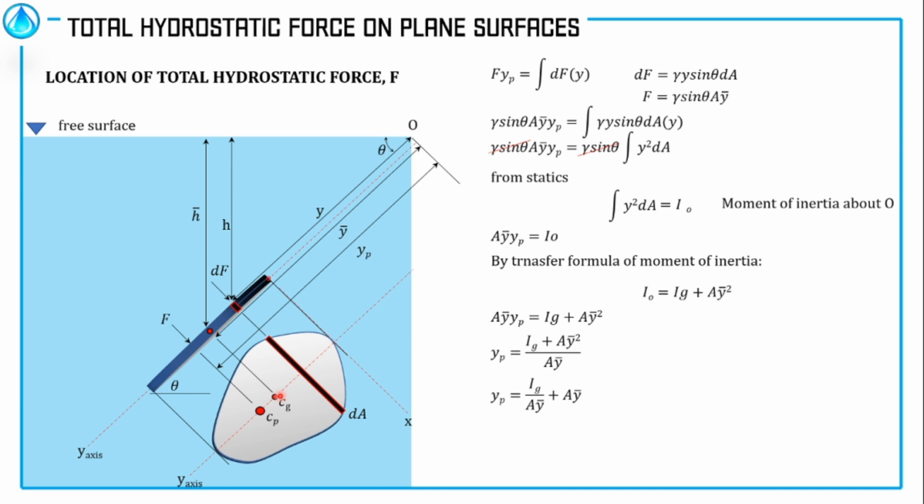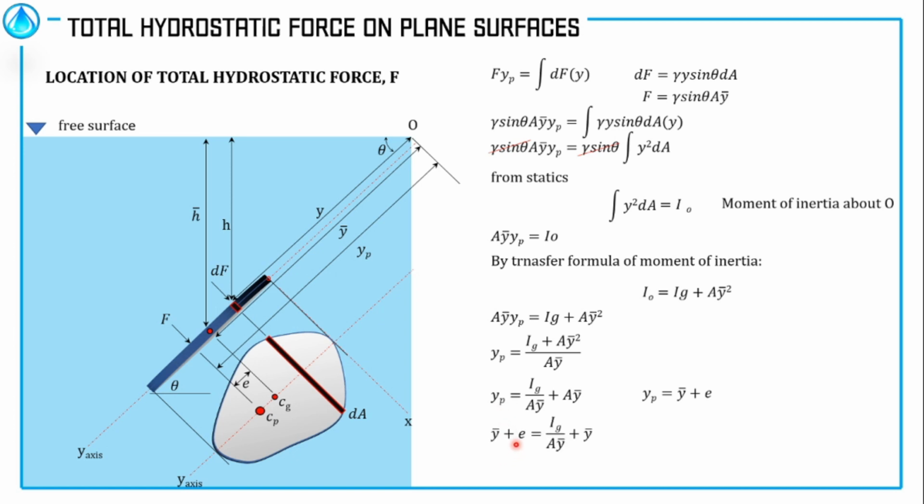Let's say the distance between CG and CP along the y-axis is E. And we can see that yp is equal to E plus y bar. Therefore, we have this equation. Substituting this to this equation will give us this one.